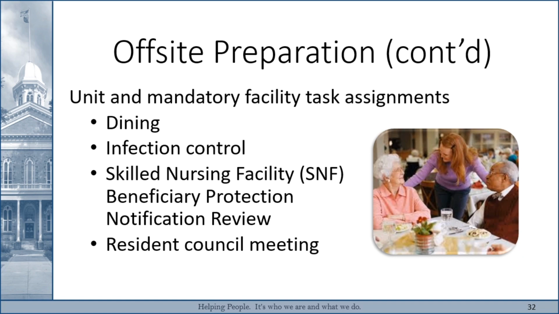For the new long-term care survey process, the facility tasks are grouped into those tasks required to be investigated on every survey and those only investigated if a concern is identified on site. There are 9 mandatory facility tasks.